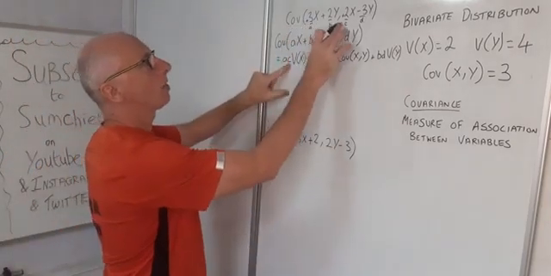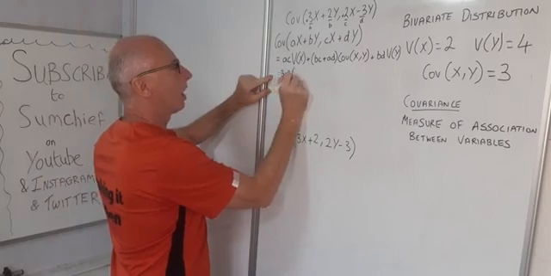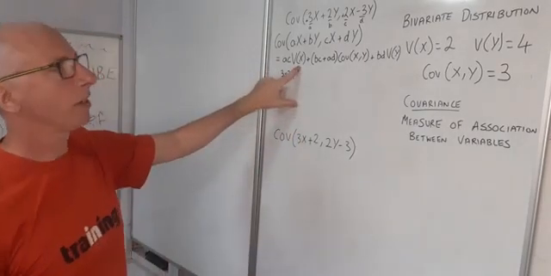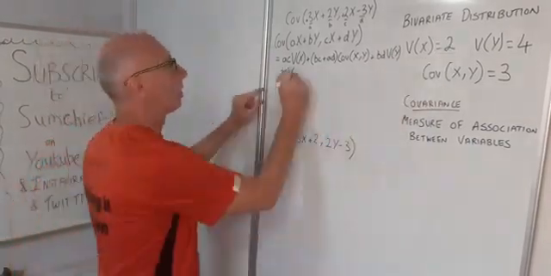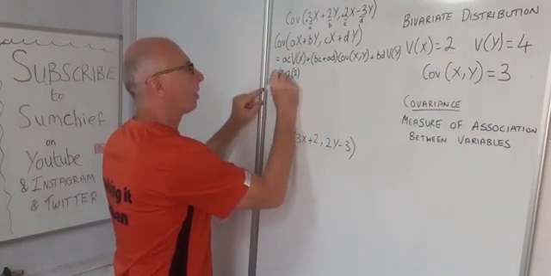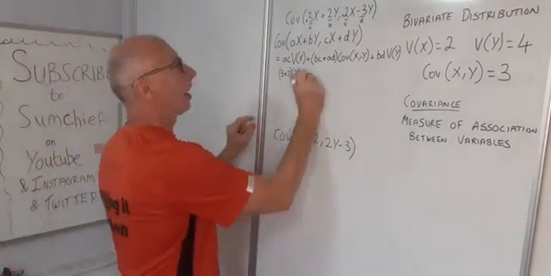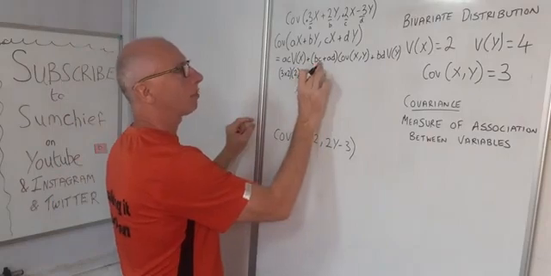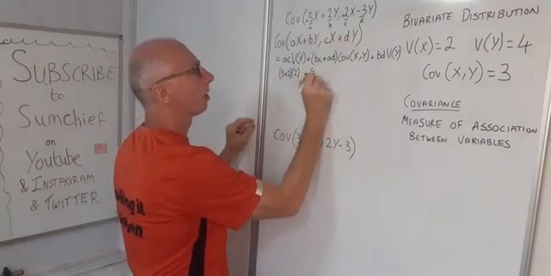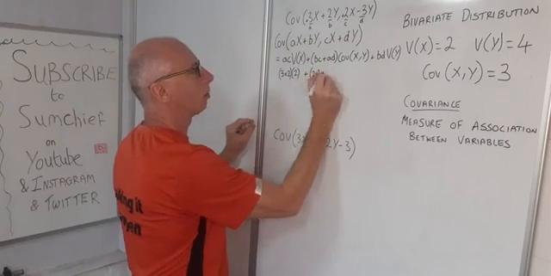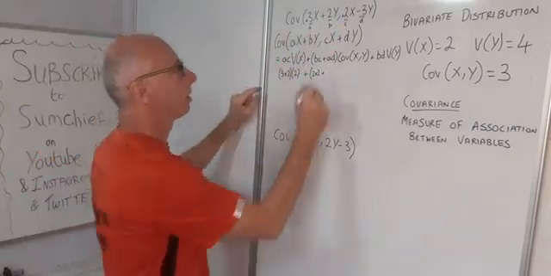So a and c are 3 and 2. We've got 3 times 2, and I'm going to put a bracket for the variance of x, which we're given as 2. I'll put a bracket around the 3 times 2 as well, so it's nice and clear. Then we add b times c, that's 2 times 2, plus a times d, 3 times minus 3.